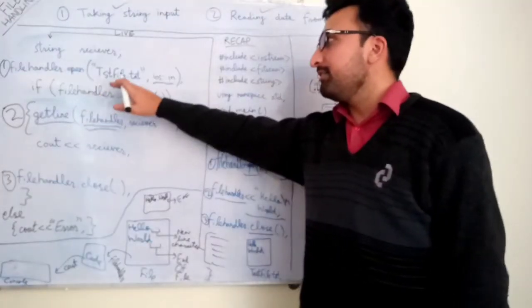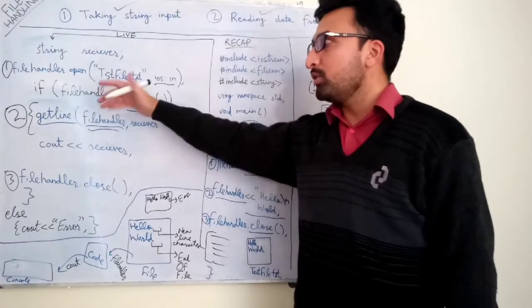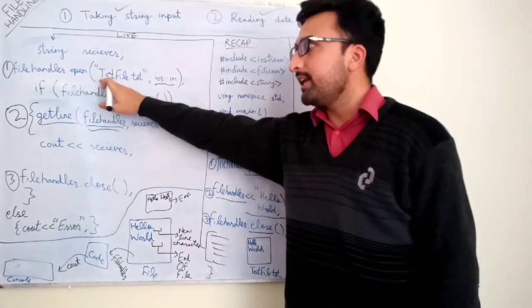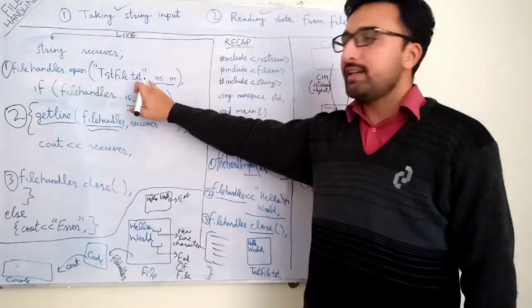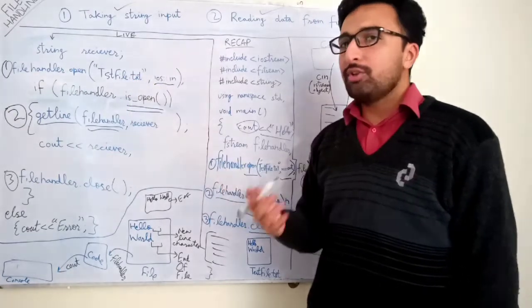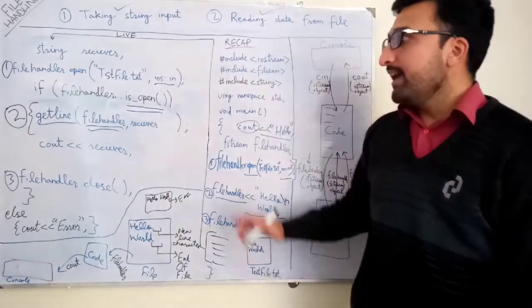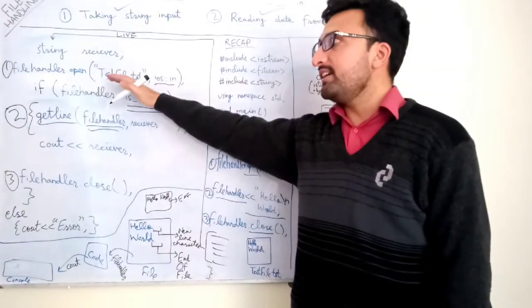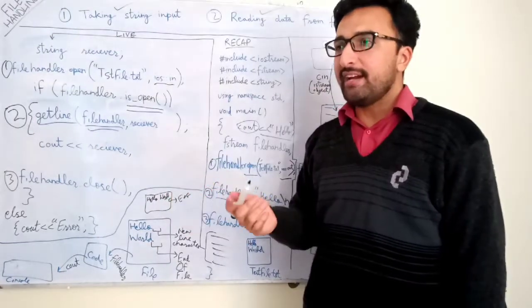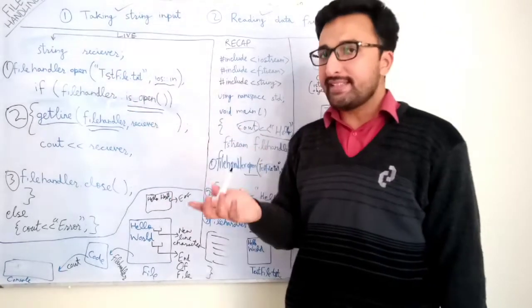Here we gave the computer the command to open the file with the name tstfile.txt. However, this file was not present there. The file that was present there was testfile, so it cannot read any data from that particular file because that file does not exist.